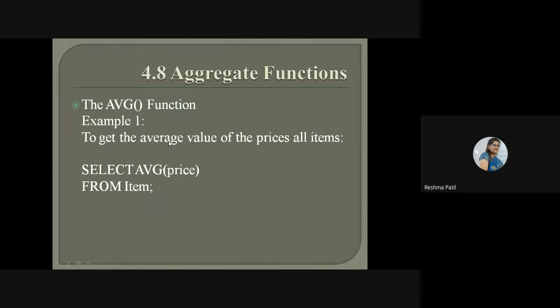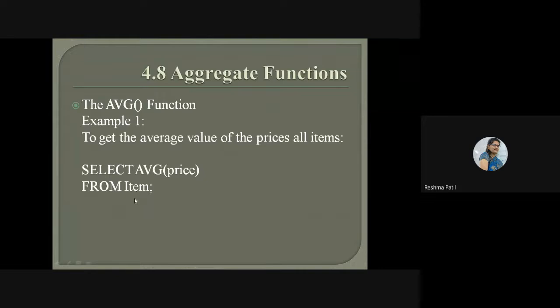Example, to get the average value of the prices of all items. In the item table, we have one column, that is price. If you want to get the average value of that price column, then we can write like this: select AVG of price from item. AVG is the function, price is the column we are applying it on, and item is the table name.